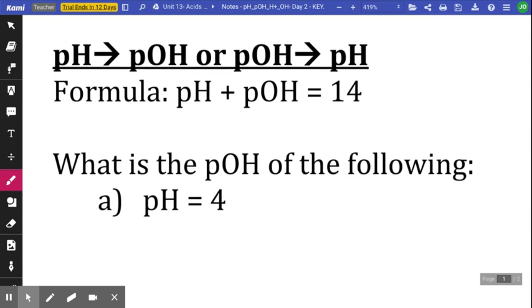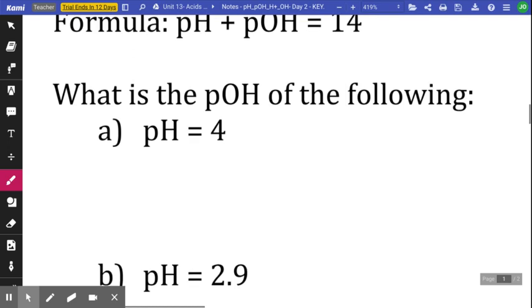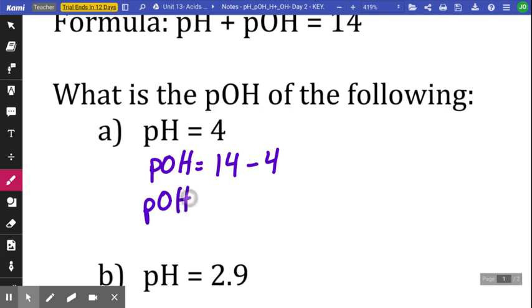So what is the pOH of the following? pH equals 4. Well, if I'm looking for pOH, I'm going to do 14 minus 4. So pOH equals 10.